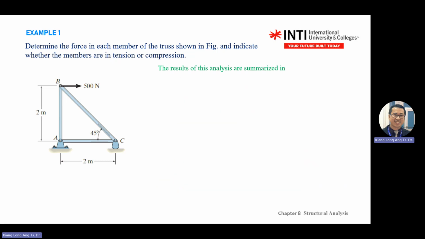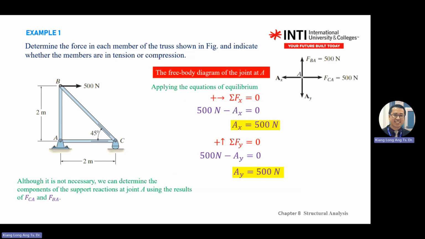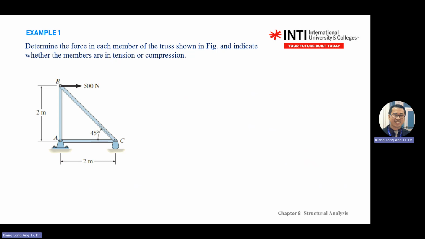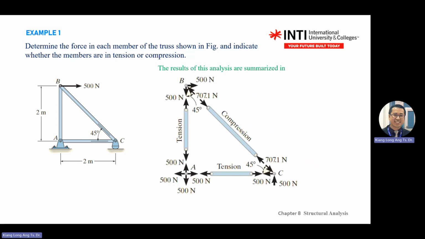Okay, so at the end, when you do all the pins, you need to summarize with this diagram. You need to draw this diagram in your final answer. You draw the pin, copy the answer, whether the arrow points in or points out. Then next, you need to draw the members.